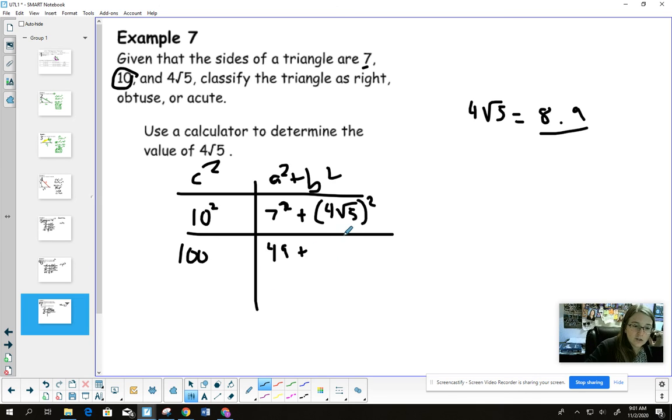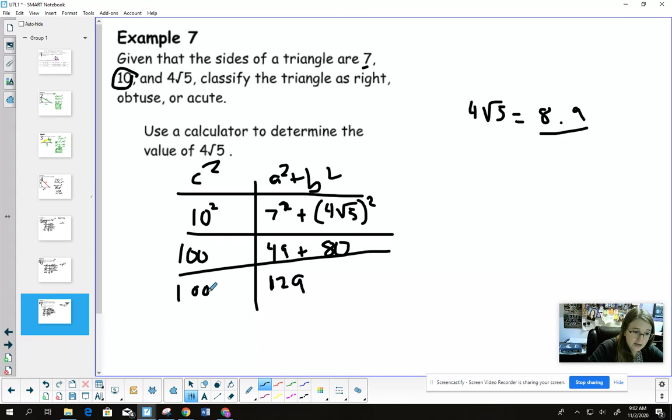I get 80. So there's a reason why you want to use this exact number, because if I used 8.9 and squared it, I'd get very close, but not close enough. Yeah, we want it to be exact. So we have 100 on this side, and we have 49 plus 80. We got 129.